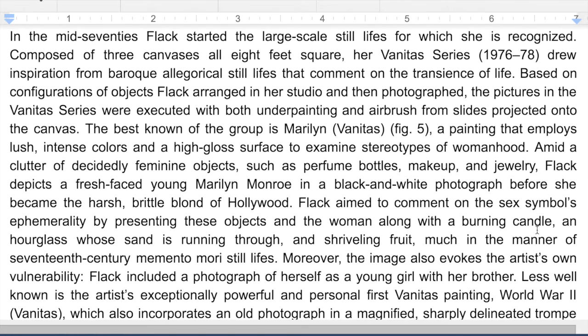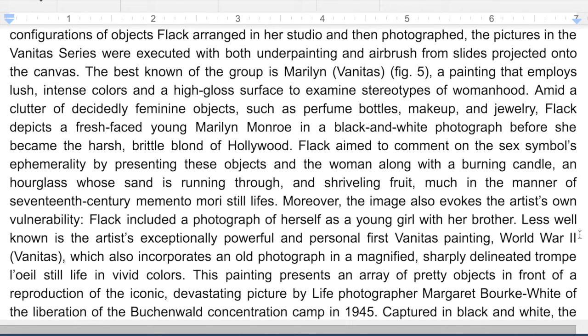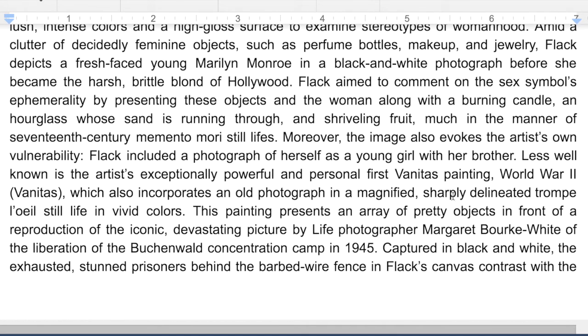Throughout that particular painting, as I've already said, there are specific well-known Vanitas references, and they say here, moreover, the image also evokes the artist's own vulnerability. She's showing you exactly how she feels. She's inviting the audience in to unpack the symbols that are in the work.